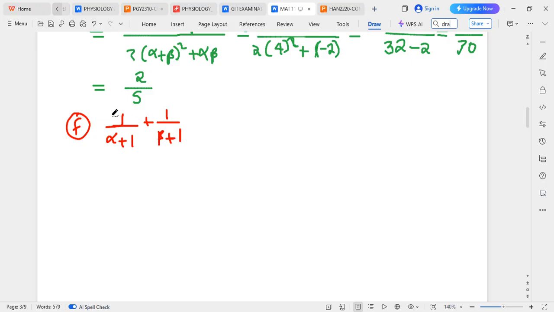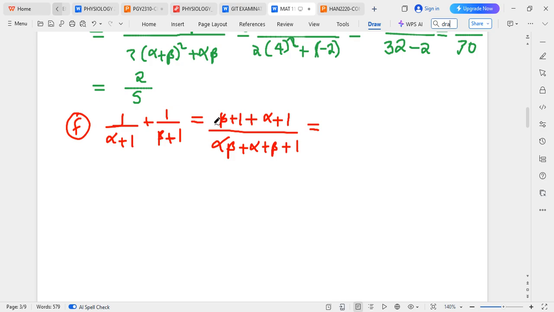Again, 1 on top multiply with the beta plus 1 down. That is going to be beta plus 1. 1 on top of the second multiply with the alpha plus 1. That is going to be alpha plus 1. Multiply the two denominators. Alpha times beta, that is alpha beta. Alpha times 1 is alpha. 1 times beta, that is beta. 1 times 1, that is a 1.